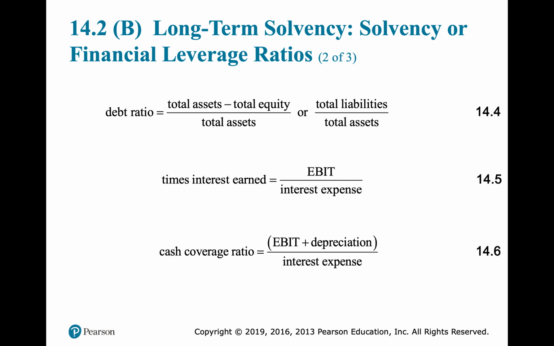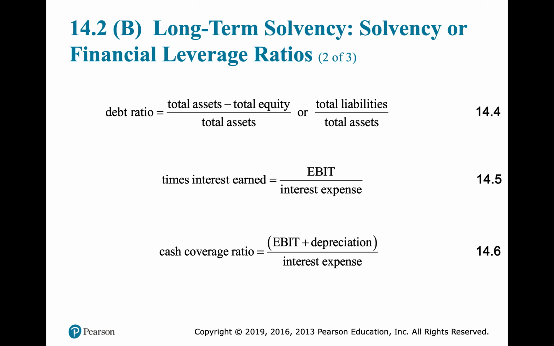Okay. Then there's also the times interest earned ratio. What this does is it takes the earnings before interest and taxes in a given year and puts it up against the interest expense for that given year. So we're looking at pieces from the income statement.